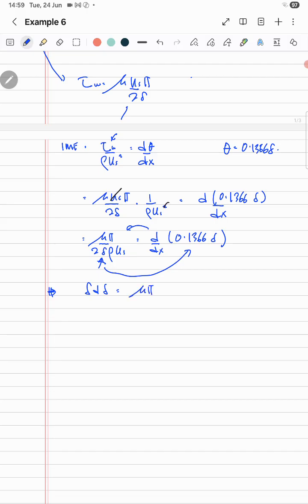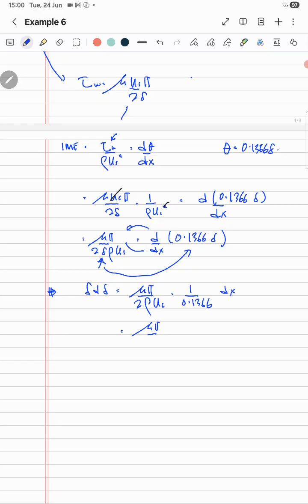equal to μπ over 2ρU∞ multiplied by 1 over 0.1366, something like that. Or we can multiply 0.1366 by 2. We have here μπ, and the dx belongs here.